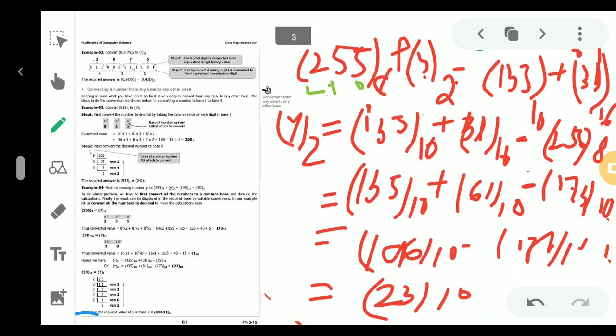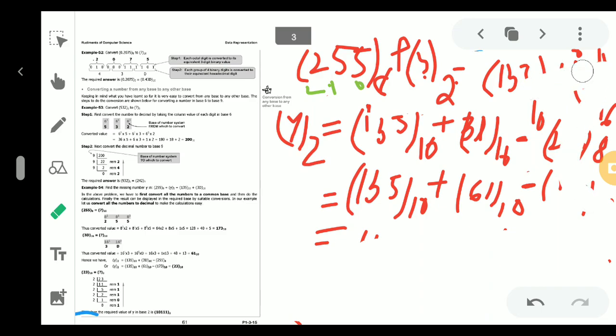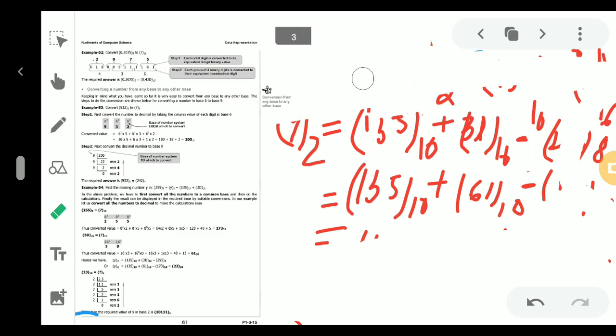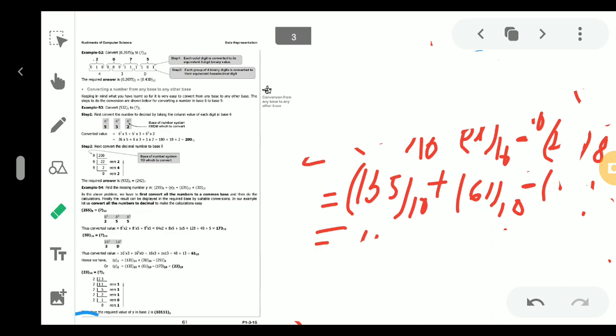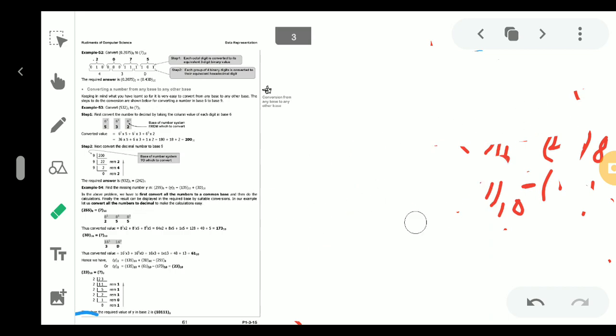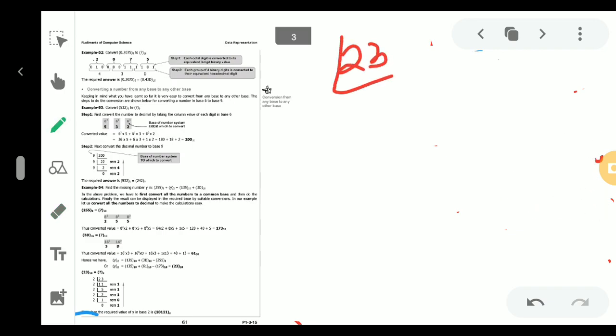It's actually a lengthy procedure, but it is an easy one. 23 base 10 we have to convert into base 2, because y is in base 2.